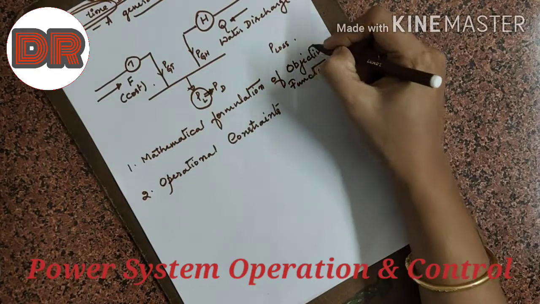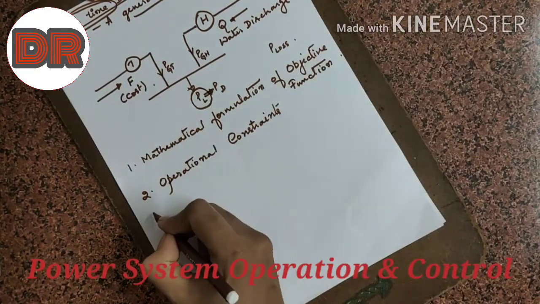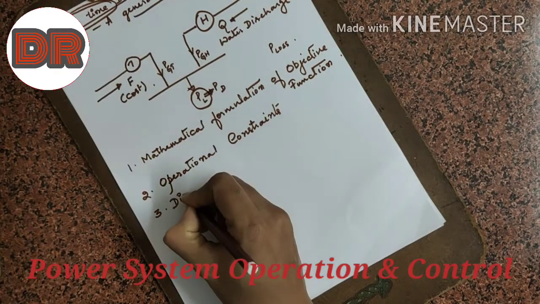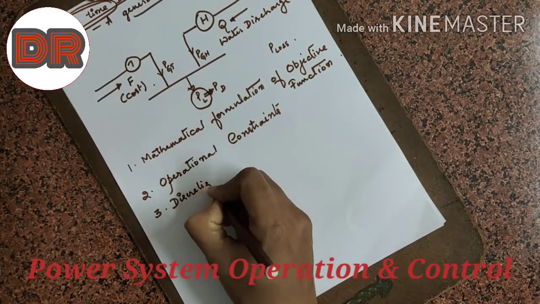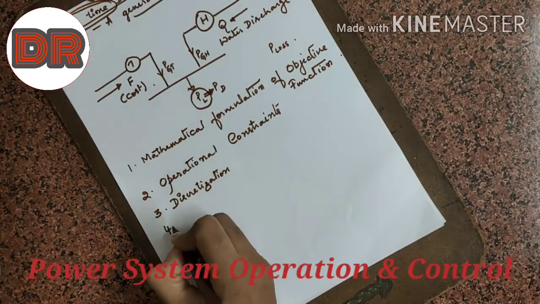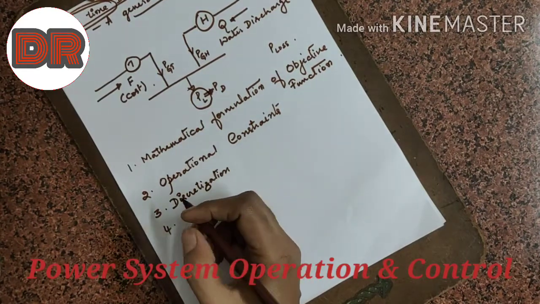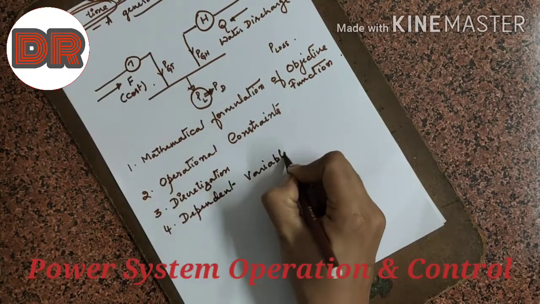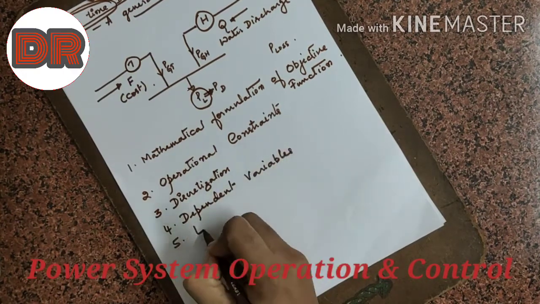The third is discretization, and the fourth is that we have to see what the dependent variables are. Then we have to write the Lagrangian function.